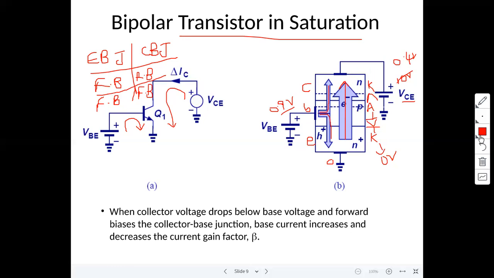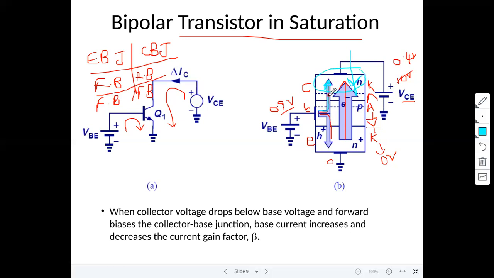Observe the collector region. What is the conventional current here? The conventional current is opposite to the electron direction. This is the conventional current, but there is an opposition here. This is the hole current, due to the collector base junction being in forward bias. These two are in opposite directions.